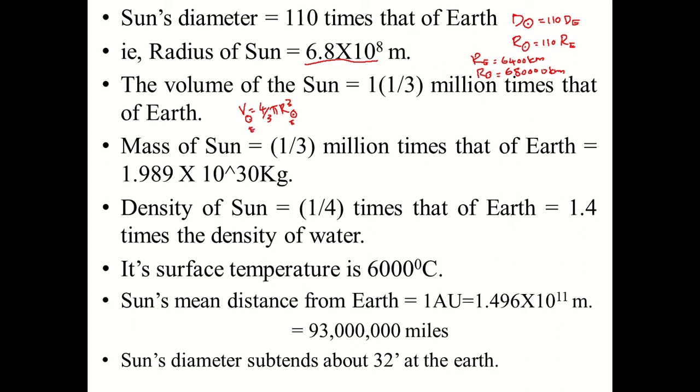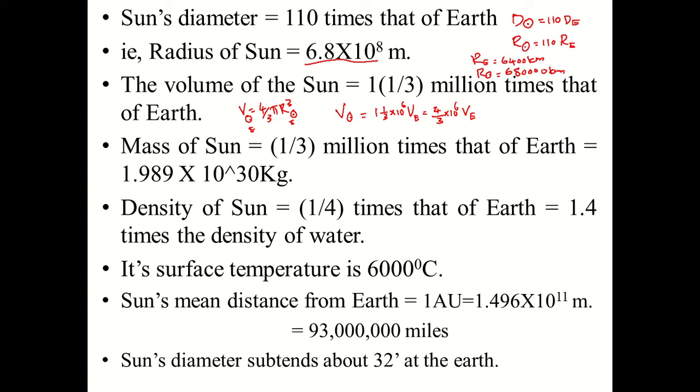When you compare the two, you can see that the volume of the sun is about 1 by 3 million, that is 10 raised to 6 times that of earth, or 4 by 3 million times the volume of earth. That much bigger the sun is.